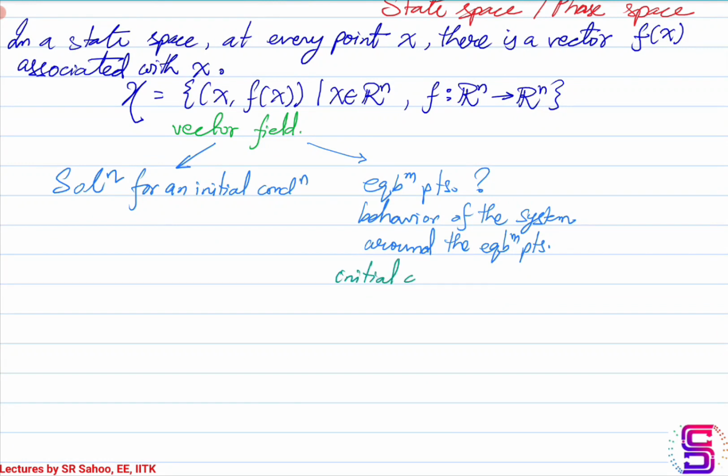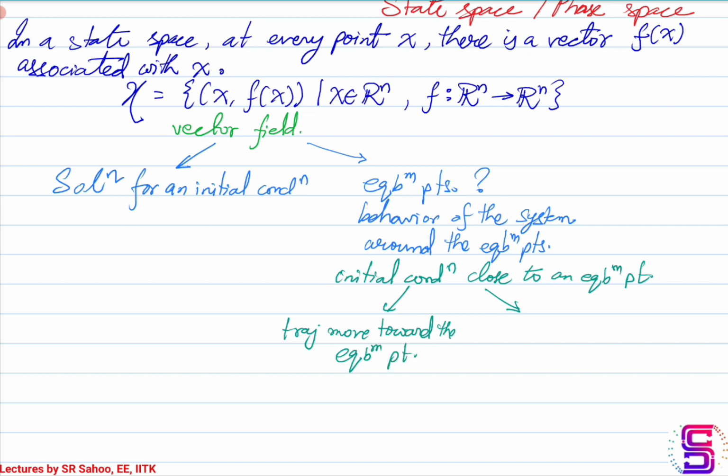If you have an initial condition close to an equilibrium point, from the vector field you can see whether trajectories have a tendency to move toward the equilibrium point under consideration, or move away from it.